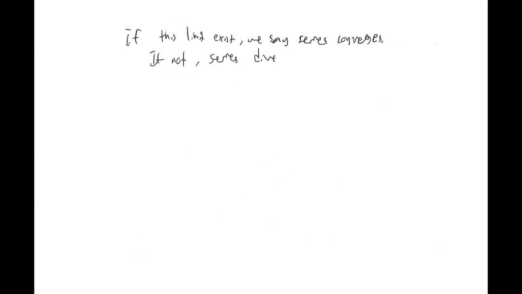So the whole thing is called a series. We say if this limit exists, so the limit of the partial sums exists, we say the series converges. If not, the series diverges.